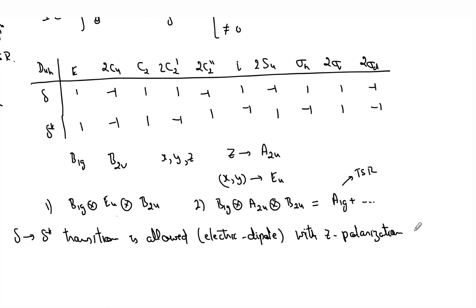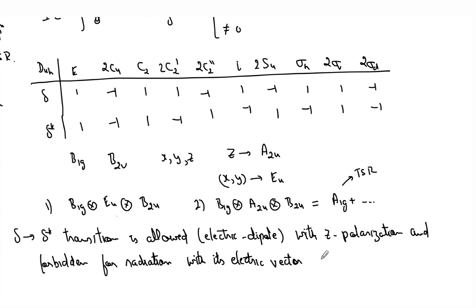So we can say that it is forbidden for radiation with its electric vector in the XY plane, right?